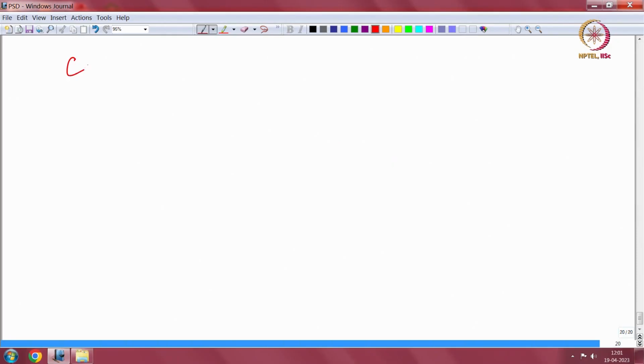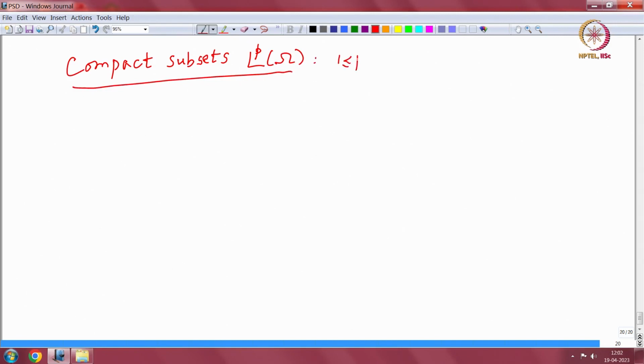Compact subsets of LP omega. As I remarked earlier, many results which are true for p less than infinity need not hold for p equal to infinity, and this is one such result.